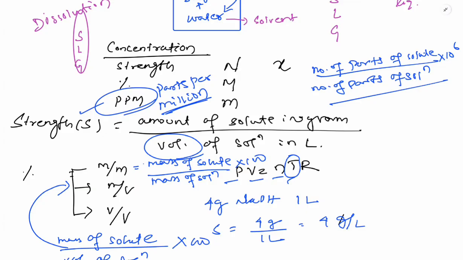But in this chapter, molarity and mole fraction are very important from the exam point of view. We will get a variety of numericals on the basis of molality and mole fractions, and some on the basis of percentage. Understood?